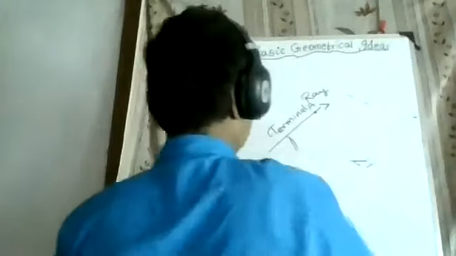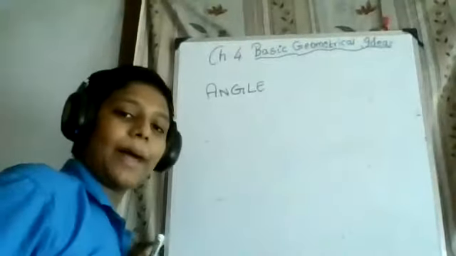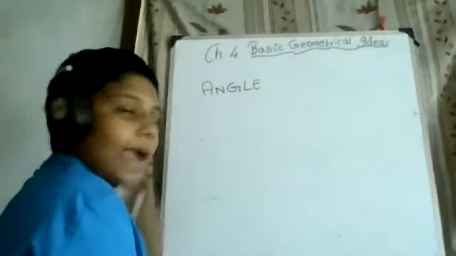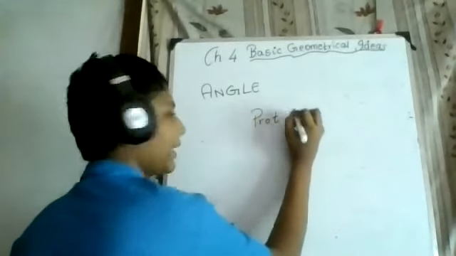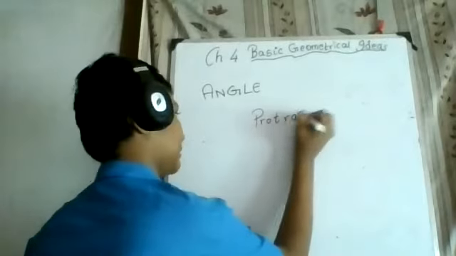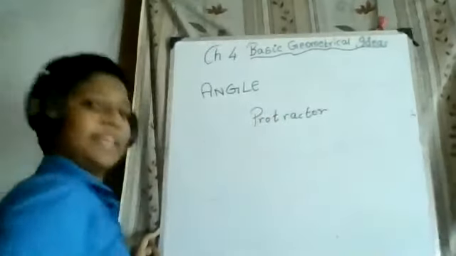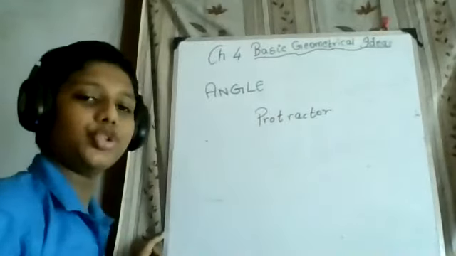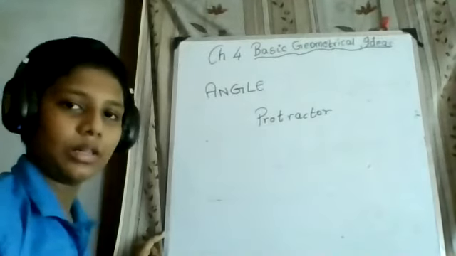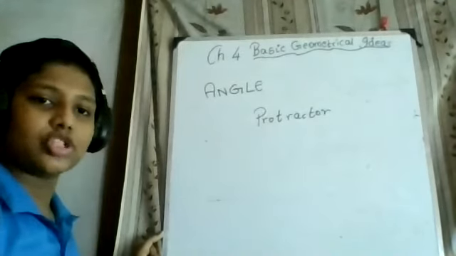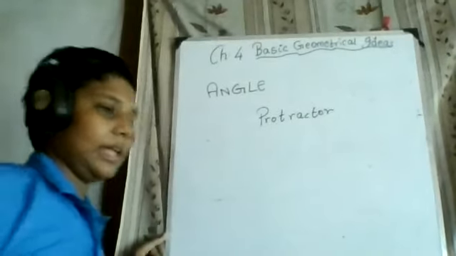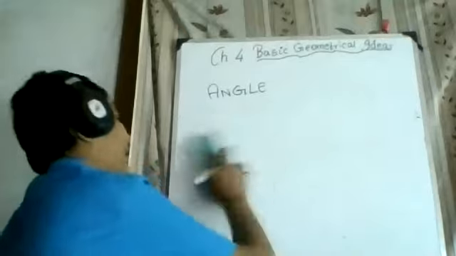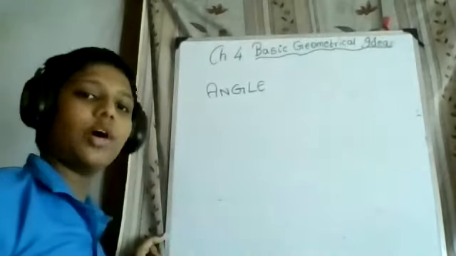Okay, now let us see. Angle is measured by a protractor. A protractor is a device that is used to measure an angle. Okay, now how many angles are there in a four-sided polygon?